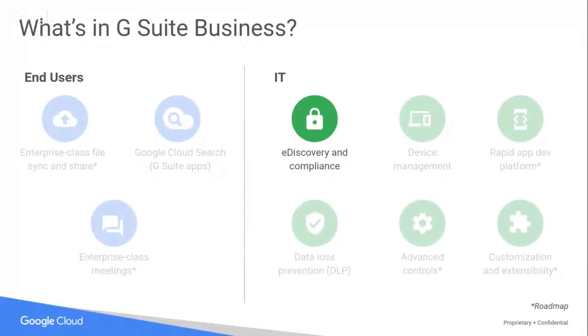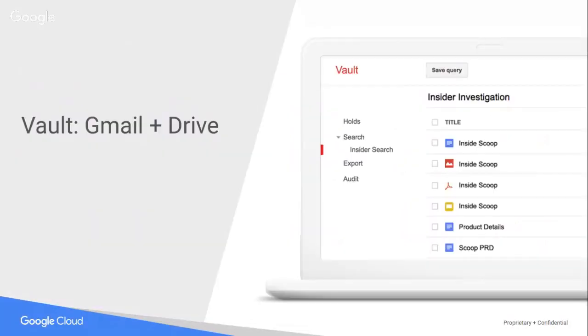E-discovery and compliance entails G Suite Vault. What if you're wondering what is G Suite Vault? G Suite Vault lets you retain, hold, search, and export data to support your organization's archival and e-discovery needs.